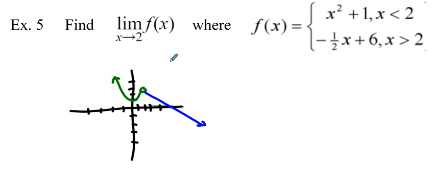Now, if we were doing this graphically, we'd trace the left-hand side, we would trace the right-hand side, we'd see what value this approaches. I'm going to show you a shortcut method that we can use algebraically so we don't ever have to make these graphs again. Check this out. Here's what we can do. We can say, let's take this number 2 and let's plug it into each of these functions. Okay?